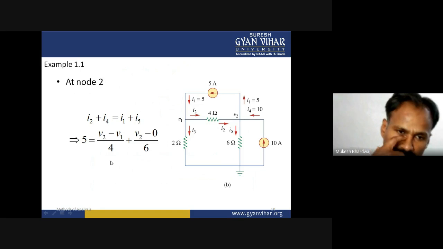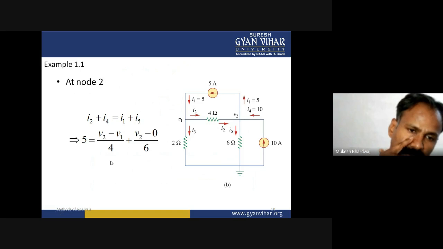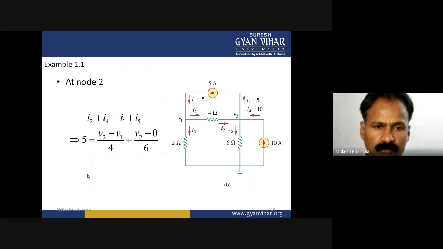All the currents coming to the junction are equal to all the currents going out of the junction. Now we can write: 5, that is I1, is equal to V2 minus V1 upon 4 plus.